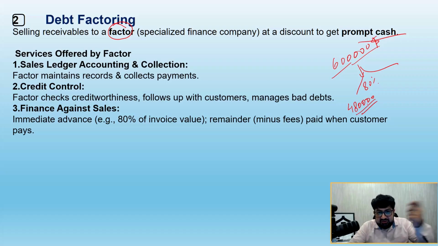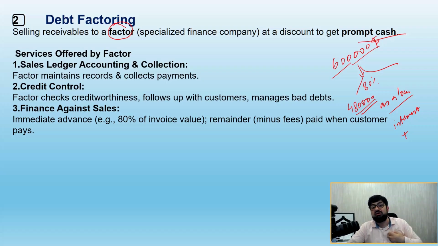The factor gives this money to us as a loan and charges interest on it, which is some margin above the overdraft rate. For example, if the overdraft rate is 4%, they may give it to us at 6%. They advance this money to us. The remaining 20%, of course, they will not give to us, only 80%, 70%.